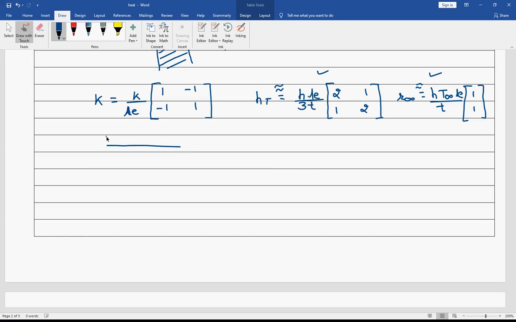So this is the fin, and this is the wall whose temperature is given as 235 degrees Celsius.